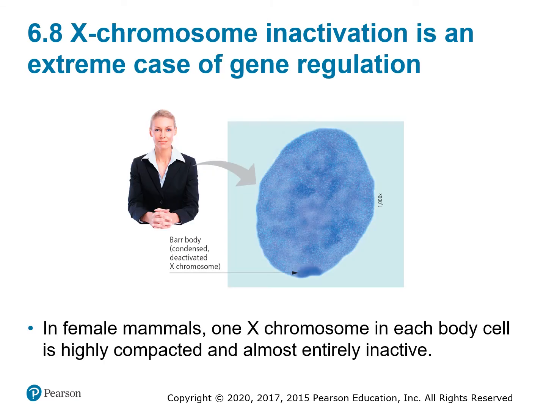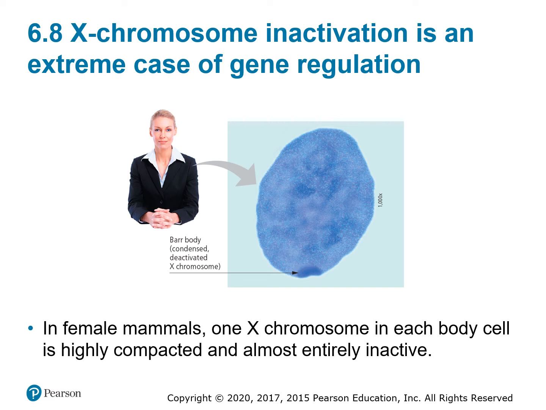Now, there is something interesting about the X chromosome. So remember in chapter 5, we talked about we have 22 autosome pairs, and then we have 1 pair of sex chromosomes. And remember, if you're female, you have 2 X chromosomes. And the interesting thing is, in female mammals, which we are mammals, one X chromosome in each body cell becomes highly compacted and is almost entirely inactive.